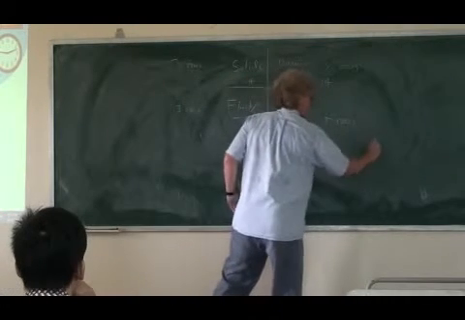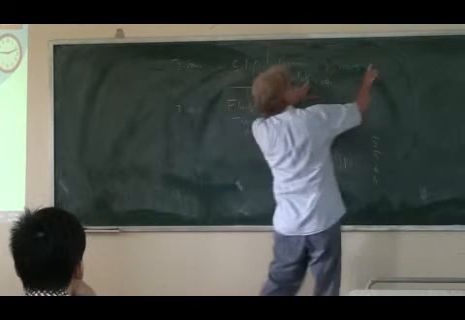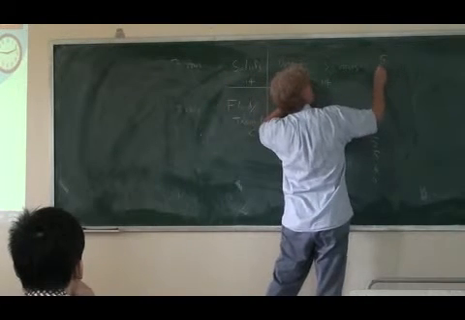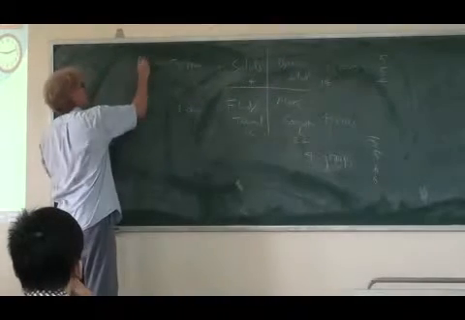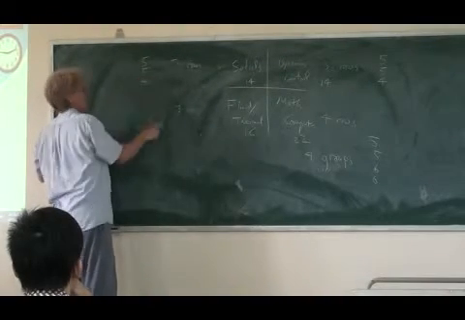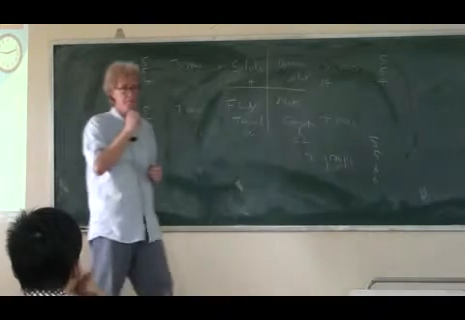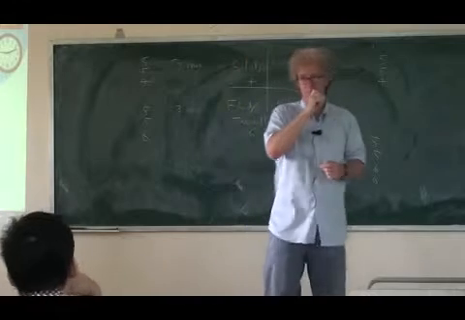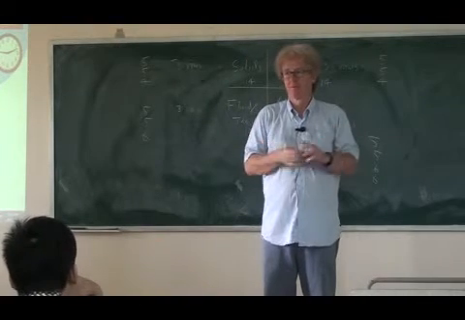So 5, 6, and 6. And for this one, we'll make 3 groups, 5, 5, and 4. For this one, 3 groups, 5, 5, and 4. And for this one, 5, 5, and 6. Okay? That's the number of people in each group.